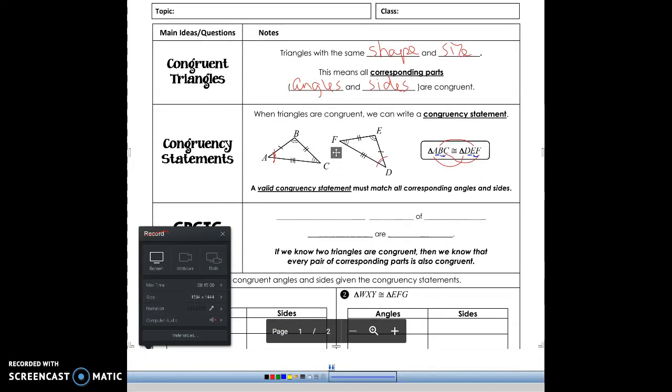Okay, so now we have something called CPCTC.